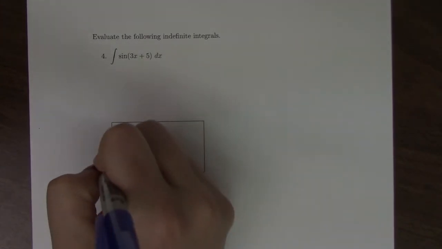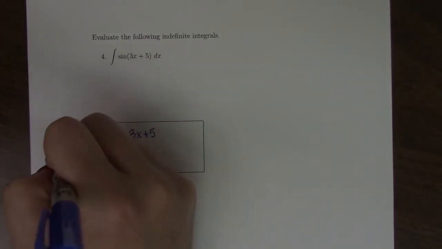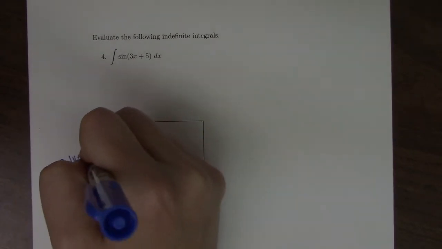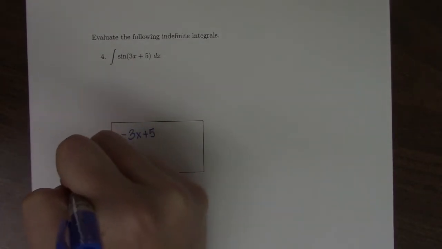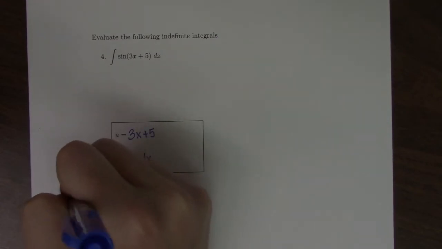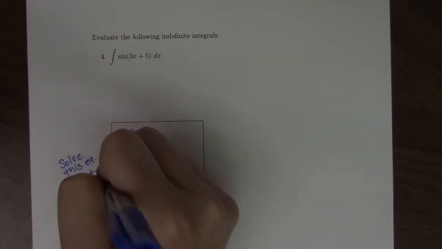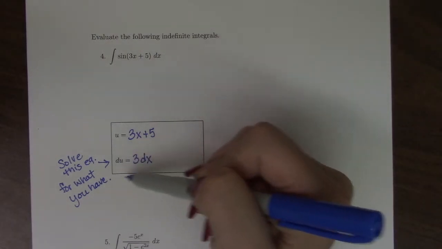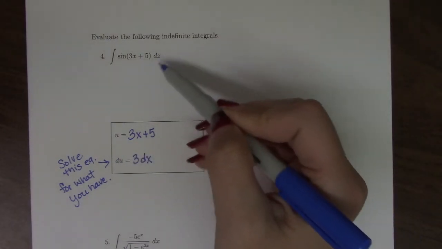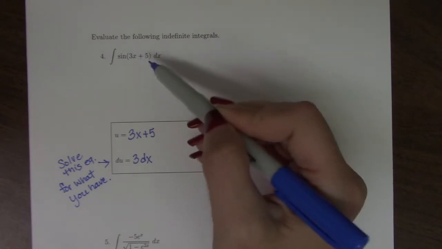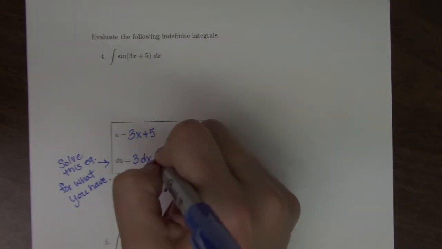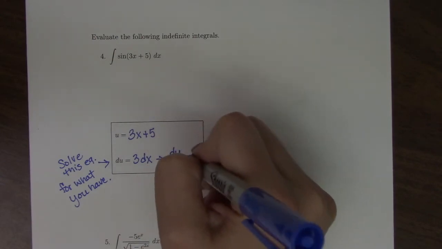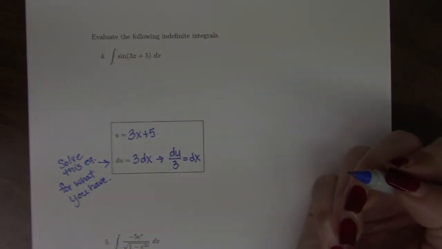So what I like to do is solve this equation for what you actually have. So the only thing of this equation that I actually have up here is the dx. I don't have the extra 3. So if I say, well, du over 3 equals dx.